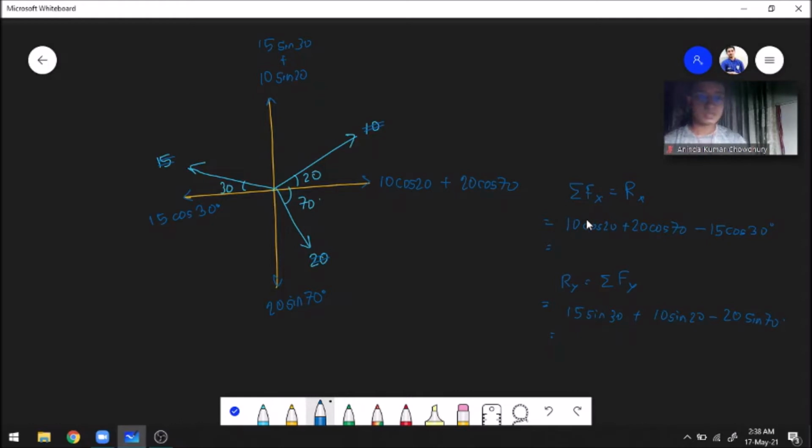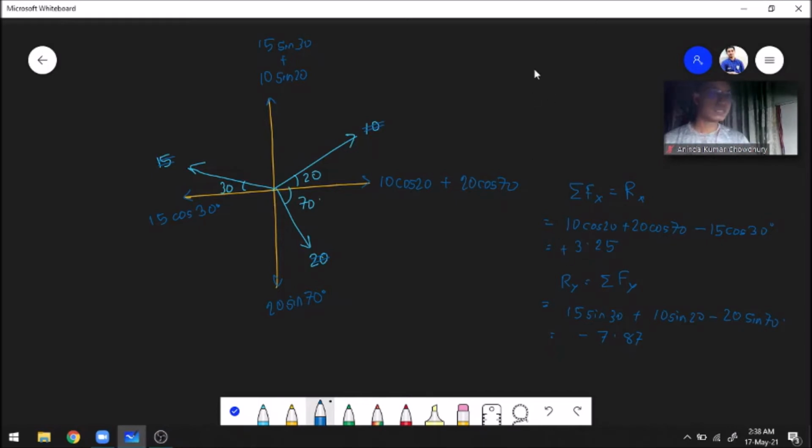Okay, so this will be 3.25 and this force will be minus 7.87. So this is the resultant force in the x direction, and this is a positive value.